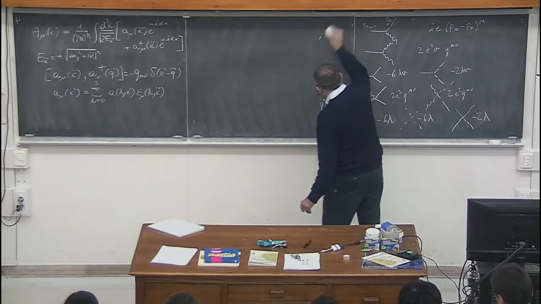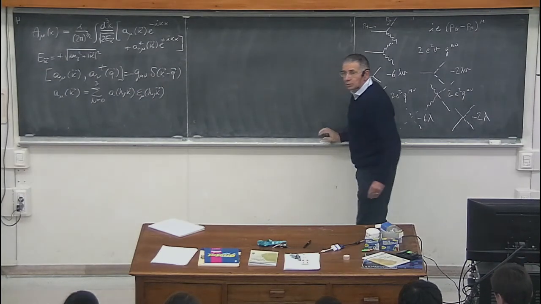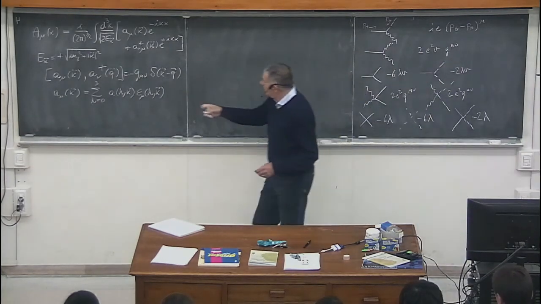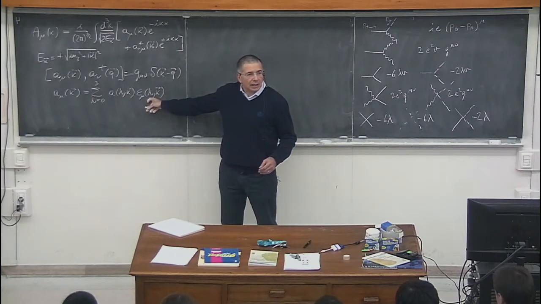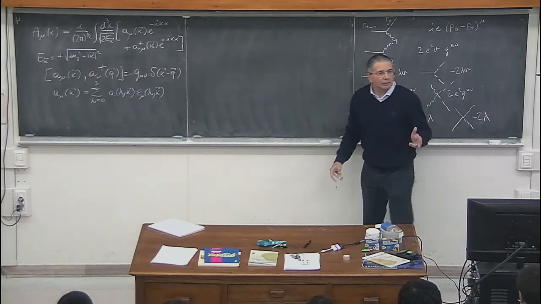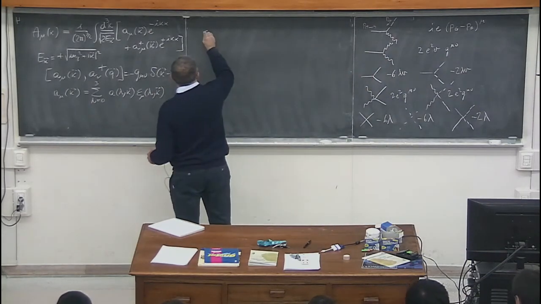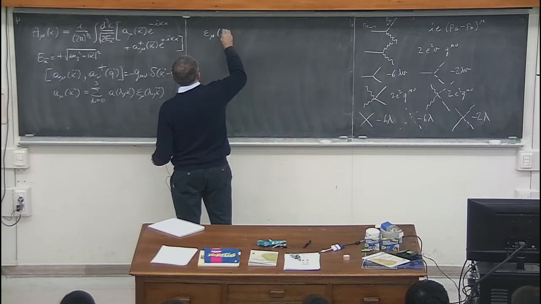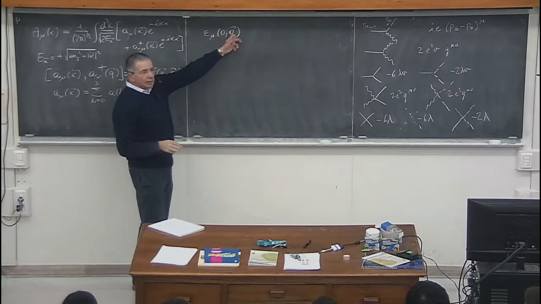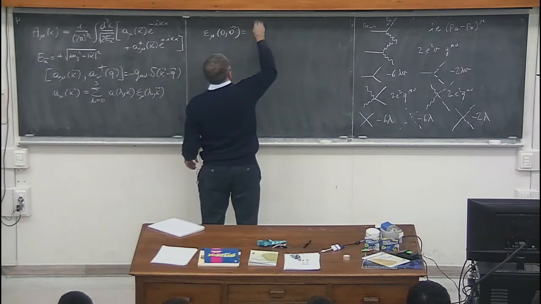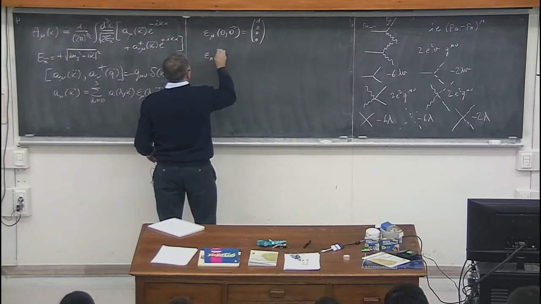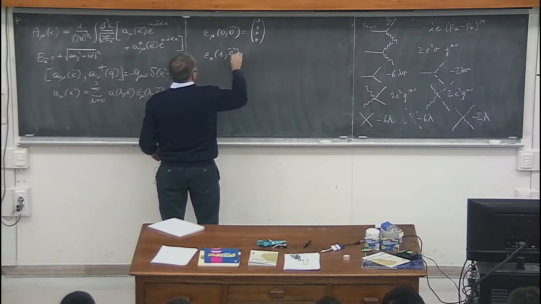Since the vector is now massive, I can go to its rest frame and choose the 4 polarization vectors epsilon mu of lambda in the rest frame as the 4 unit vectors in the 4 directions. So I will choose epsilon mu of 0 in the rest frame, with the 3-momentum zero, as the vector (1, 0, 0, 0). Epsilon mu of 1, and so on.